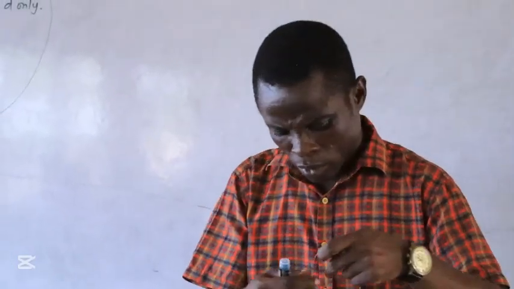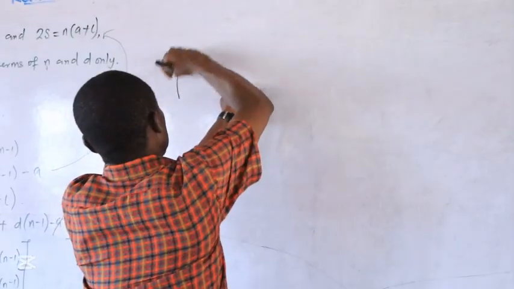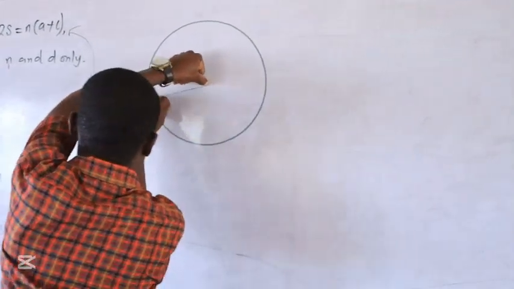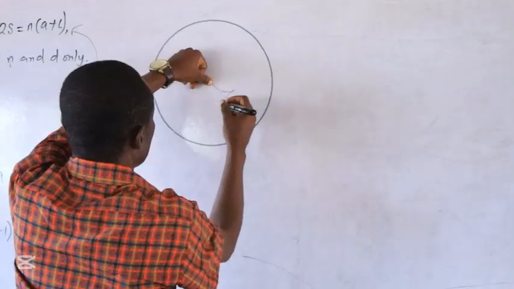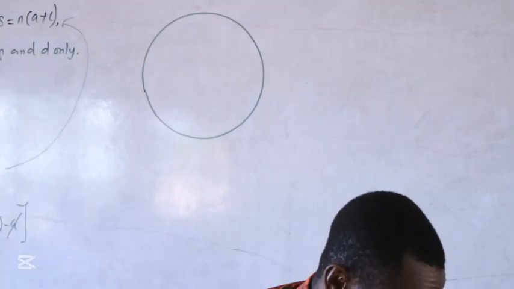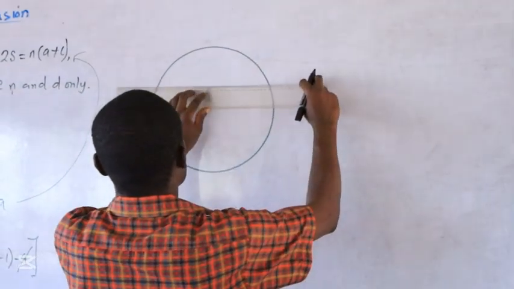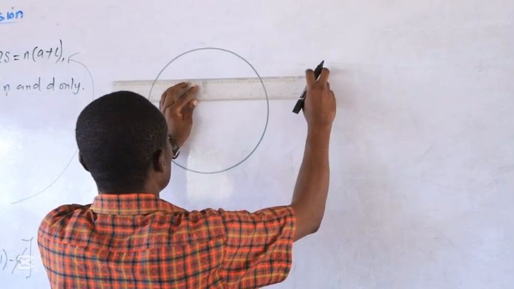Now let me draw that diagram on the board. So you don't draw a complete circle, I'll still clean it.